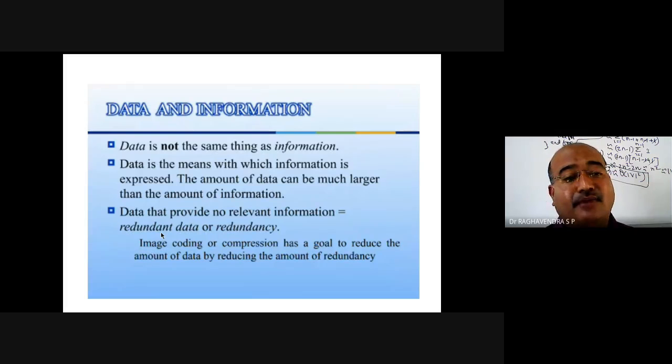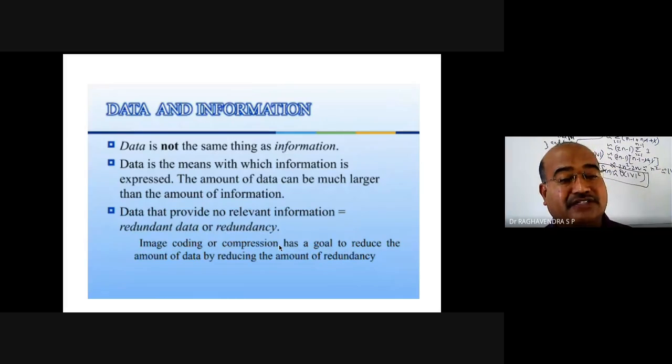That is, the amount of data can be much larger than the amount of information. The difference between data and information is that the amount of data is always higher than the amount of information, because information contains something to be conveyed, whereas data is always considered in terms of measuring, in terms of storage. So that is data that provides no relevant information.